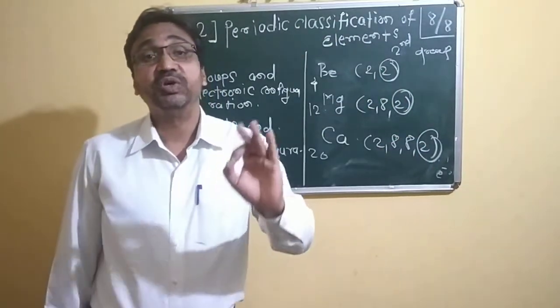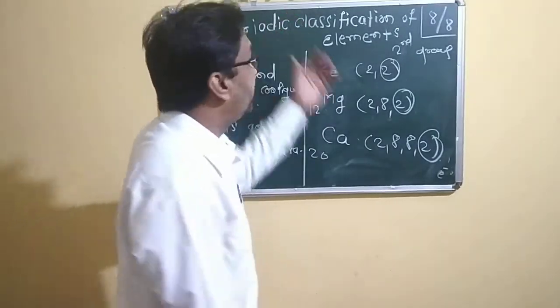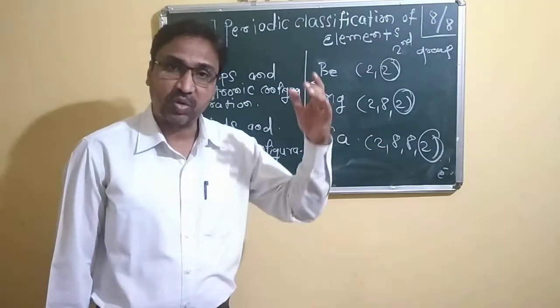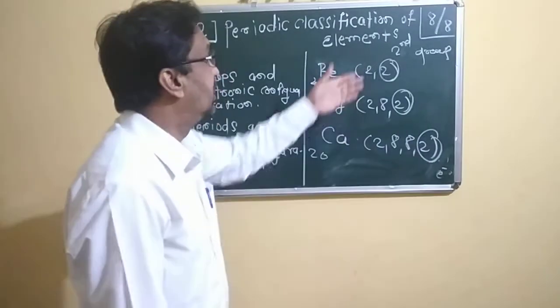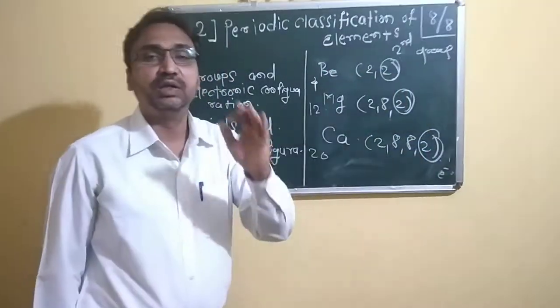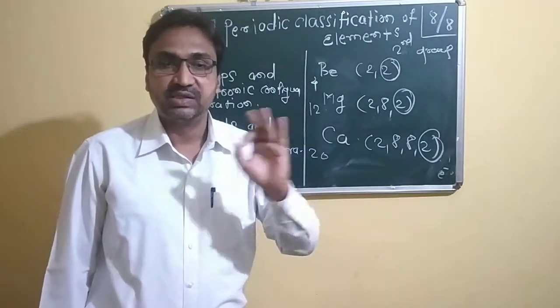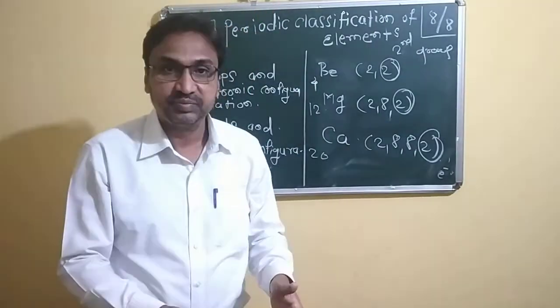That is its peculiarity. In the modern periodic table, in every group, the number of electrons in the last valence shell, the valence electrons, is the same.